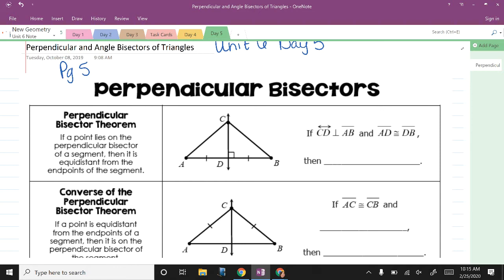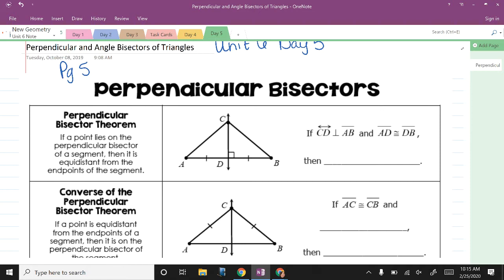All right. So the perpendicular bisector theorem says if a point lies on a perpendicular bisector of a segment, then it is equidistant from the endpoints of that segment. Here is the segment AB. CD is a perpendicular line that goes through the point D to a point C that's not on that segment.